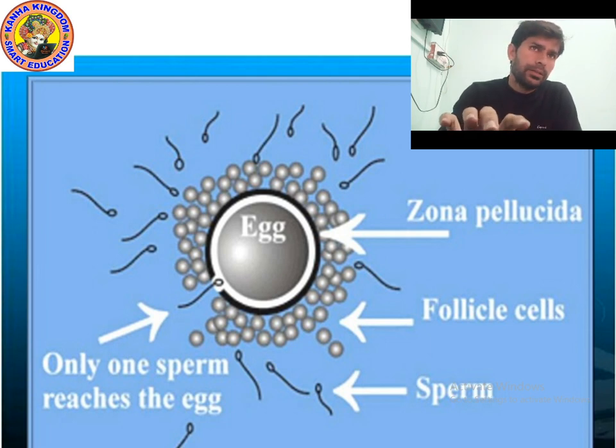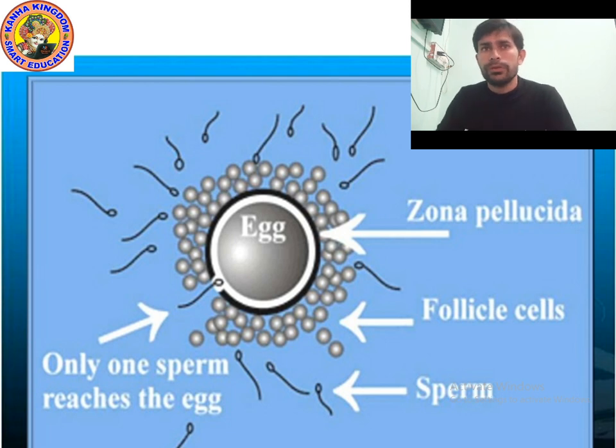We also studied about the sperm and the egg, or you can call it ovum. And what is the meaning of ovule? Ovule means young ovum, which contains an egg cell.